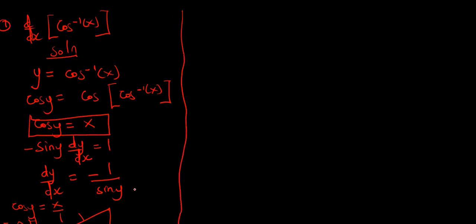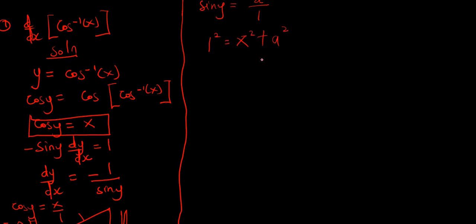What is sine y? Sine y is opposite over hypotenuse. This opposite side we don't know, so let's say it is a, over the hypotenuse, which is 1. This is simple trigonometry, Pythagoras theorem. We can say that 1 squared equals x squared plus a squared.